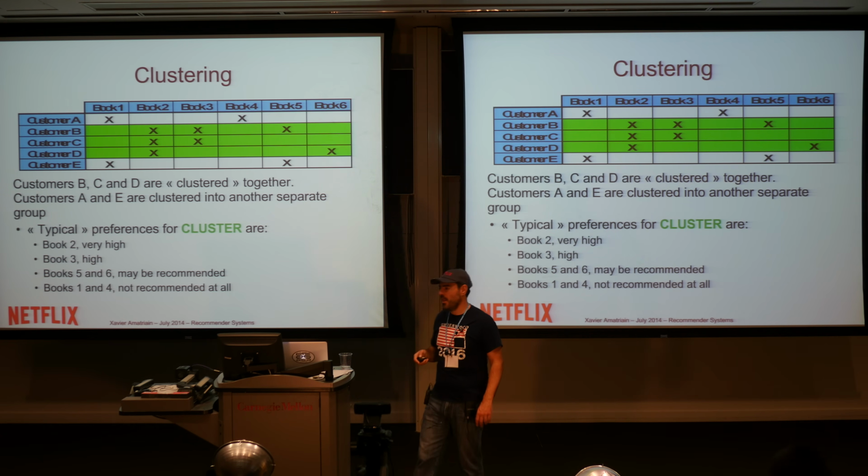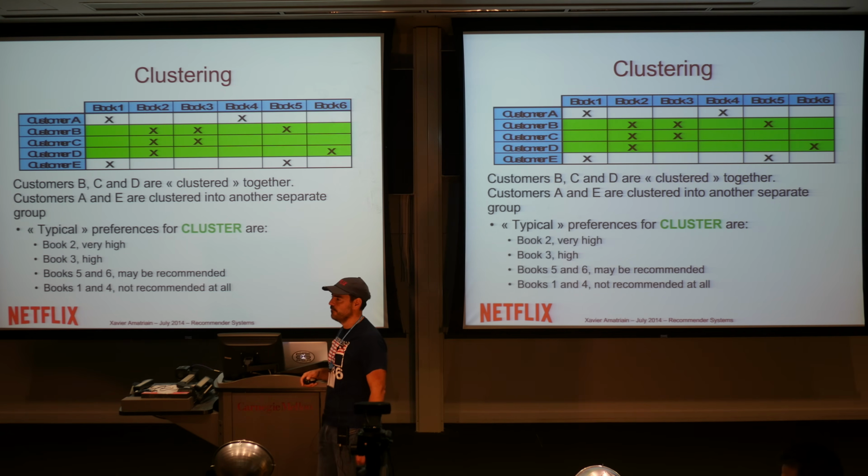Yes? Are you also using some sort of semantic analysis of the content of the groups themselves? For now, no. We're only using collaborative filtering. So basically, we're only using the interaction between the users and the items. But the clustering could also be done with the content. It could, yeah. Some of these approaches could also be used in a content-based manner.